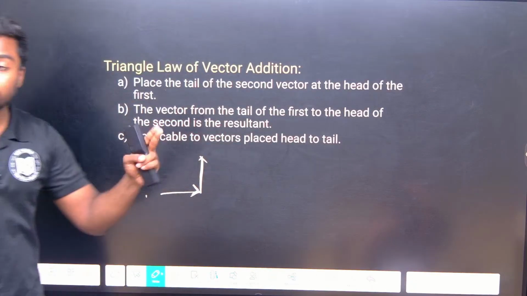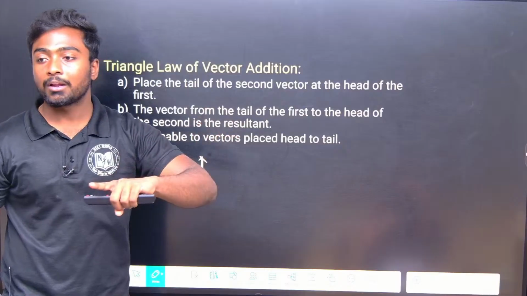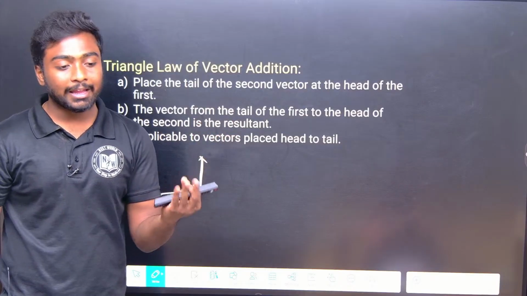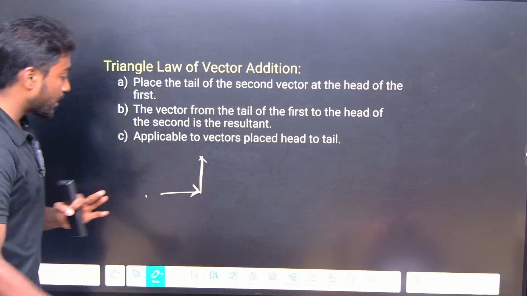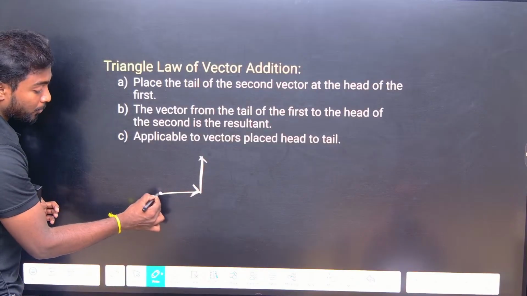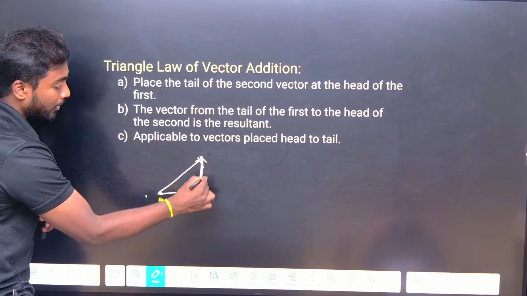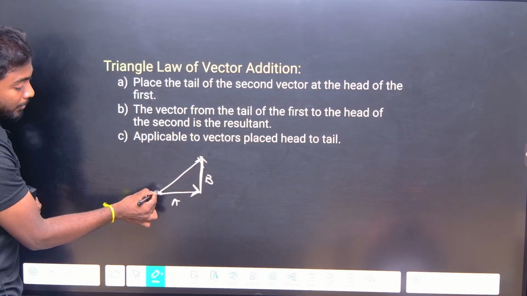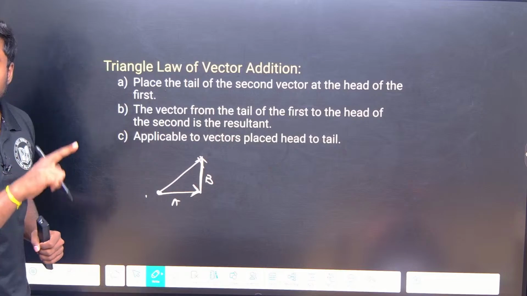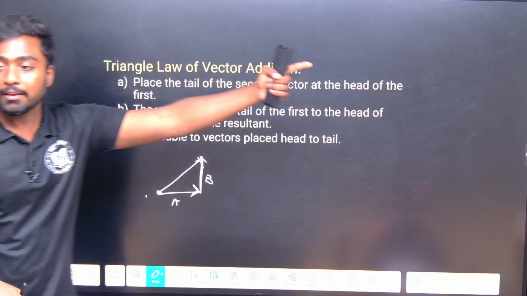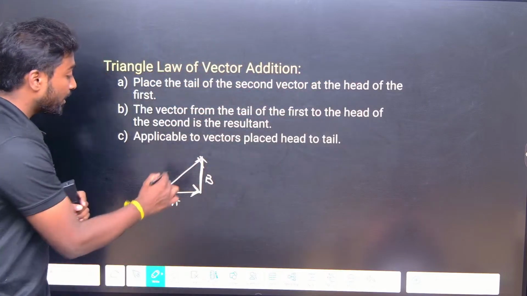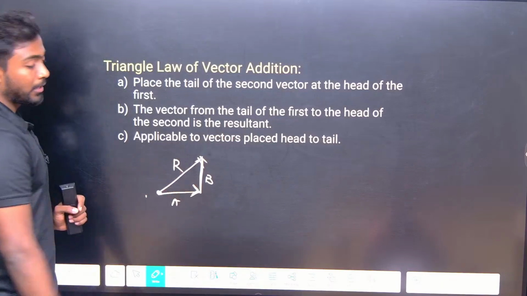So when I take more than two vectors, we'll call it a polygon. Triangle means only 3, no? So 3. So the resultant will be from this point to this point. This is A vector, B vector. So resultant from tail of the first vector to head of the second vector will give the resultant vector.